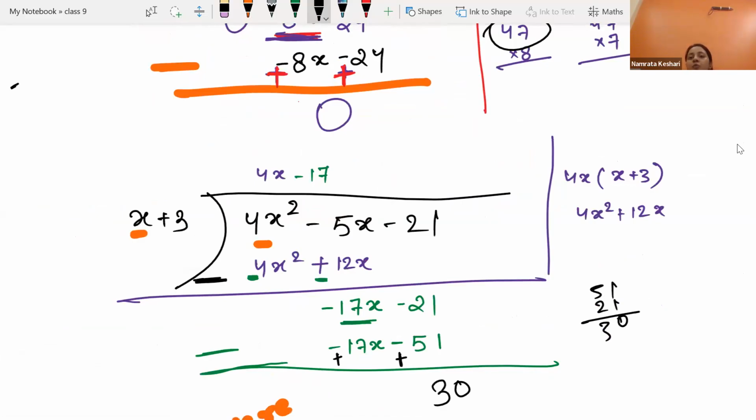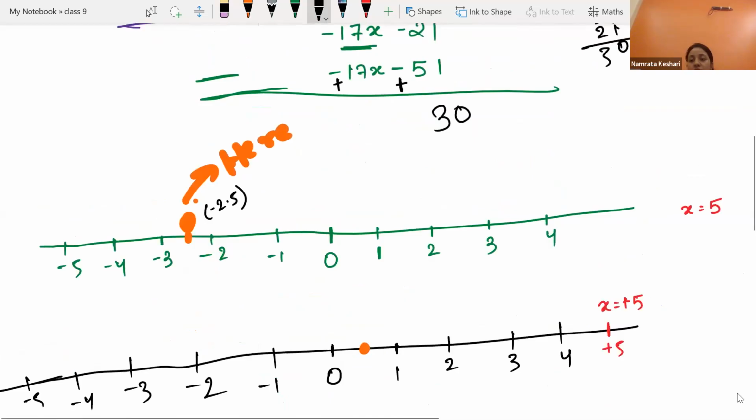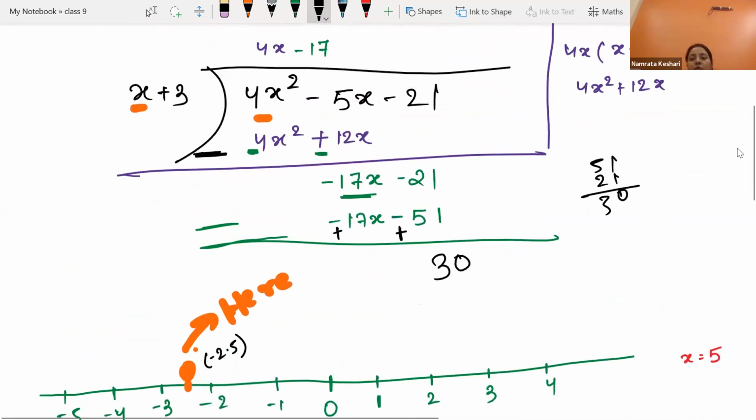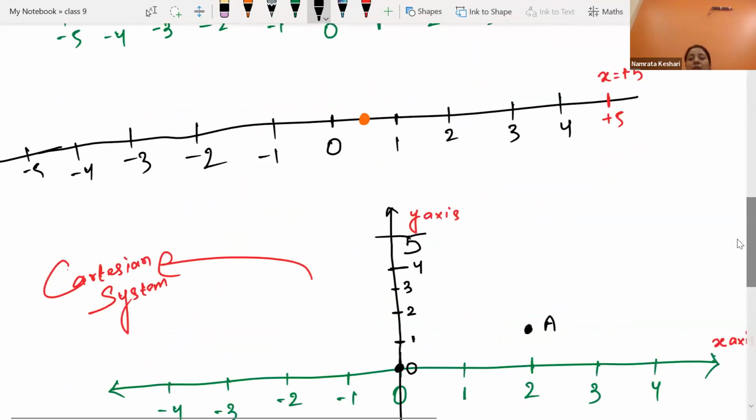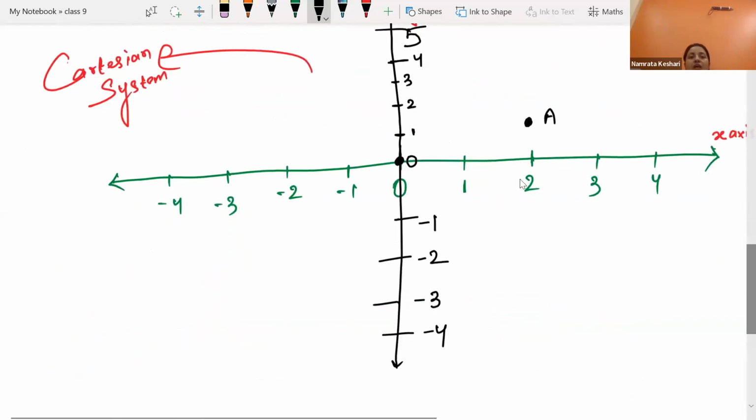Similarly, what about this system which we have created here? How will we say the address of that point, that is, by which number will we represent that point? Here we say it is -2.5. There, in our completely different system, what will we say?